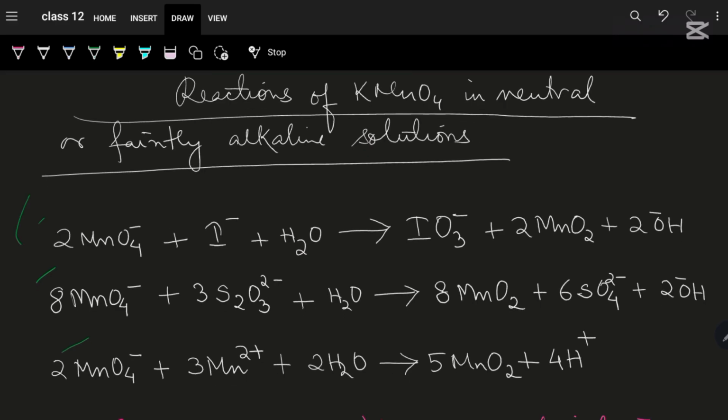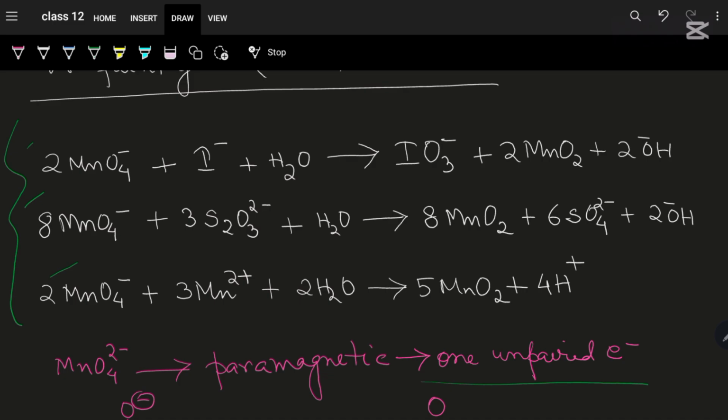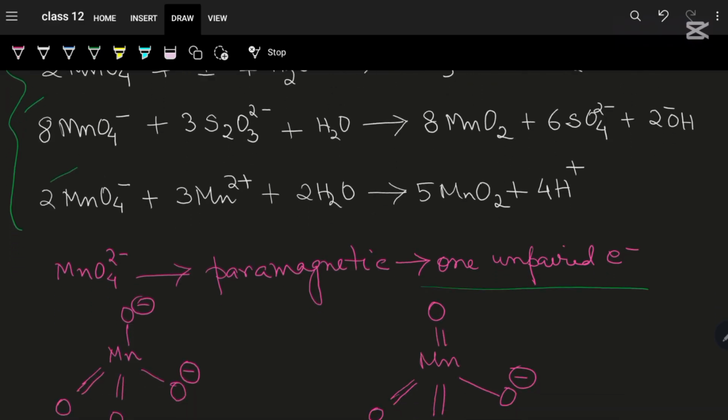So here we can see in neutral and faintly alkaline medium how it is exhibiting its oxidizing nature, here with I-, with S2O3 2-, with Mn2+. Keep in mind that in inorganic reactions, when asked to complete the following reactions, the complete balanced reaction is required, unlike organic reactions.